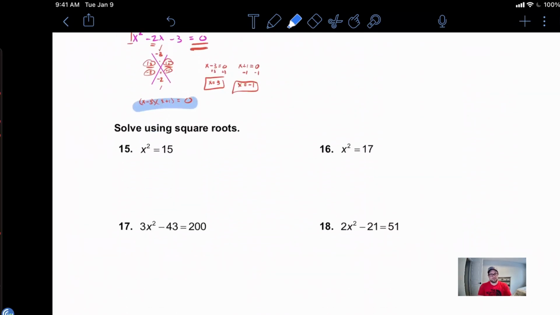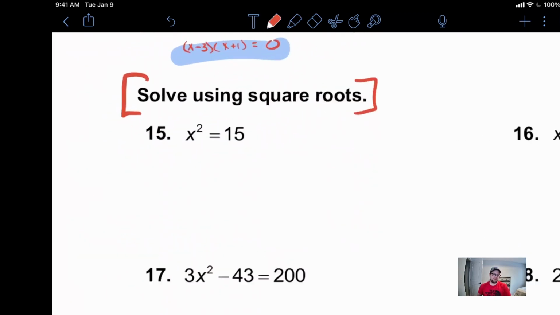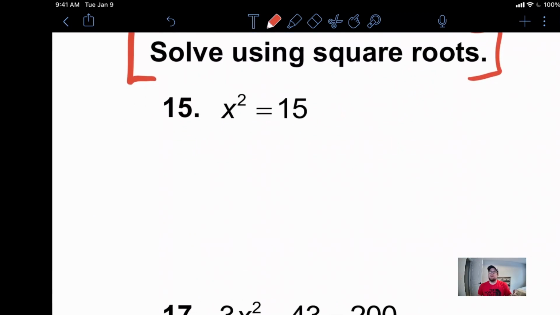Now, the last part of this is how we solve using square roots. And this is probably the part about this that is the most unique or the most different from the other method. Now, when we want to solve by using square roots, what we want to do is always get whatever is being squared by itself. Now, once you have it by itself, then what you can do is just take the square root of both sides.